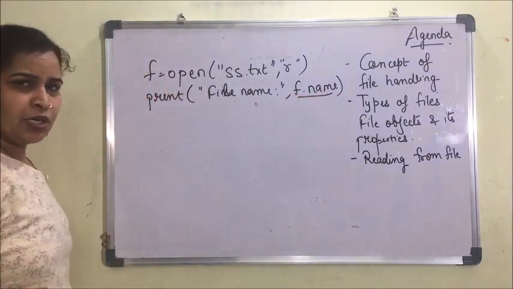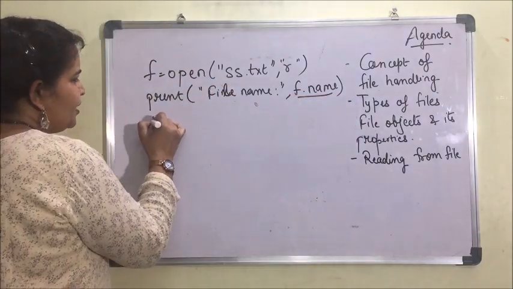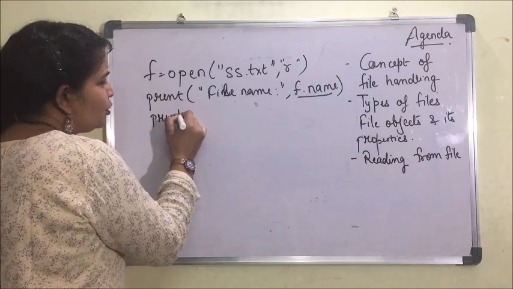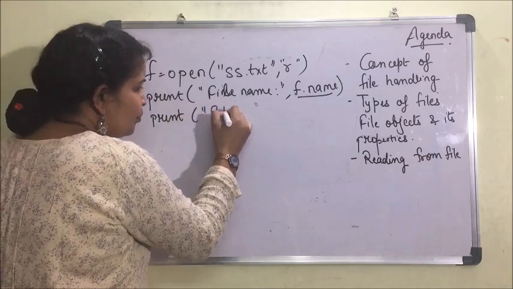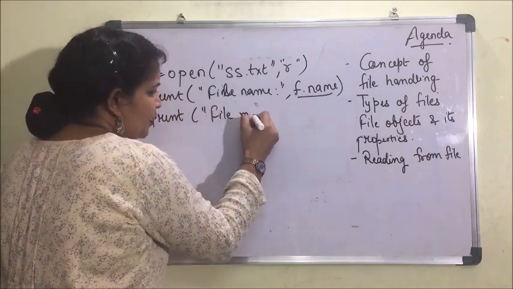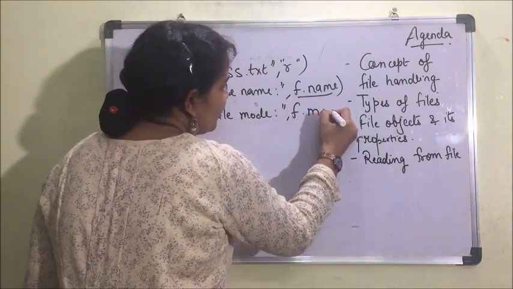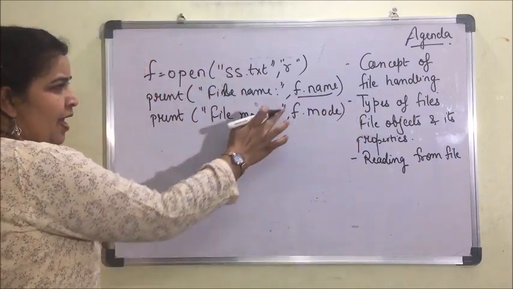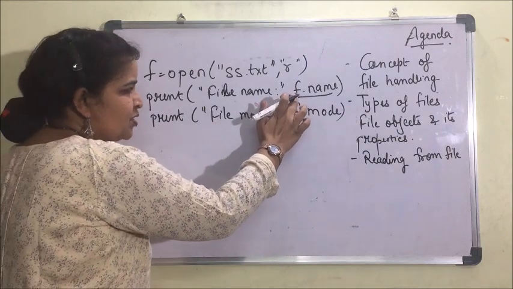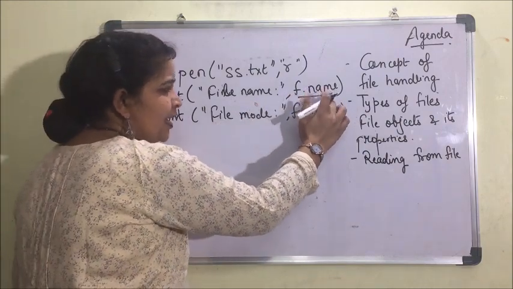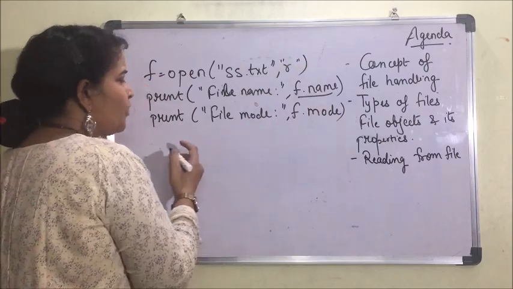This can be used to display the name of the file. Similarly, if you want to display the mode in which the file is opened, you can write f.mode. f is the pointer, that is, the file object, and name is the attribute which will print the name of the file.